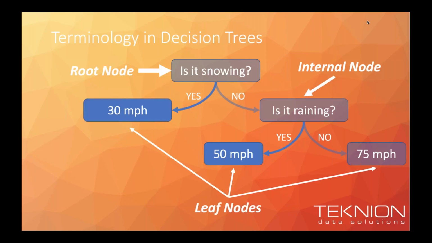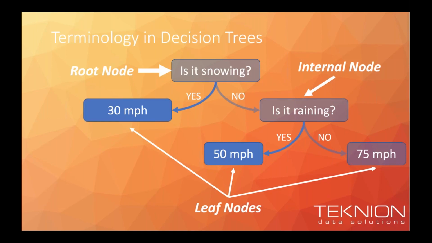Then these last parts, we call leaf nodes. That's actually the output we're producing. So we end up with three leaf nodes: a 30 mile per hour group, a 50 mile per hour group, and a 75 mile per hour group.